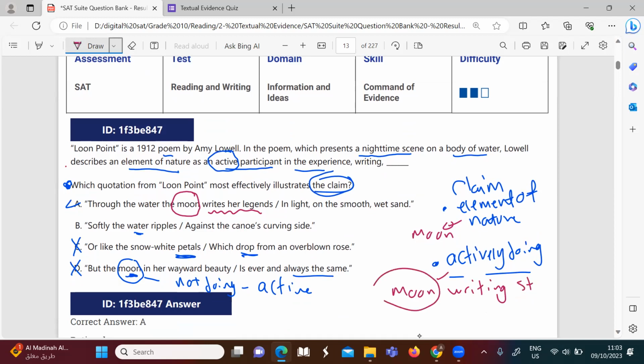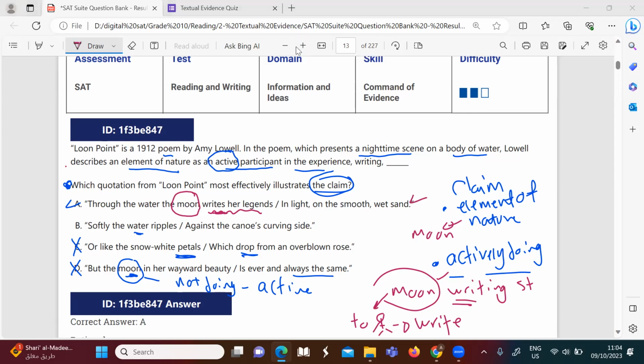So this is a personification, comparing the moon to a person who can write. Yes, since the moon is writing something, this is an element of nature actively doing something, which is writing. So I will go with A. This was concerning the first question.